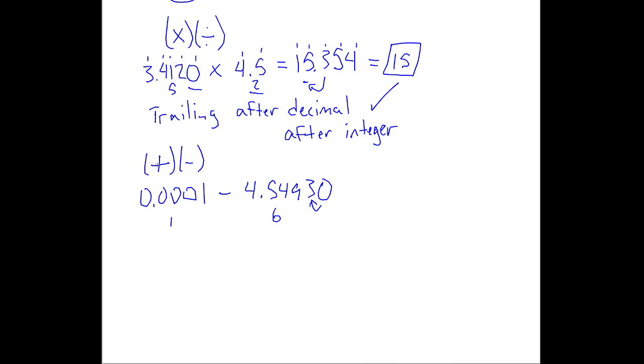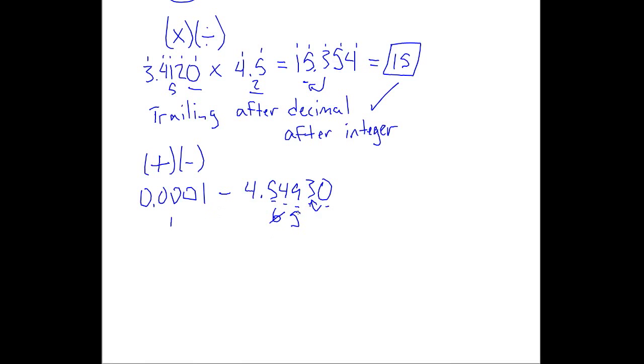So with adding and subtracting, the rule is a little different. What you do is you count the number of significant figures to the right of the decimal. So here the number stays the same, it's just 1. Over here it has 6 total sig figs, but it only has 1, 2, 3, 4, 5 sig figs after the decimal.